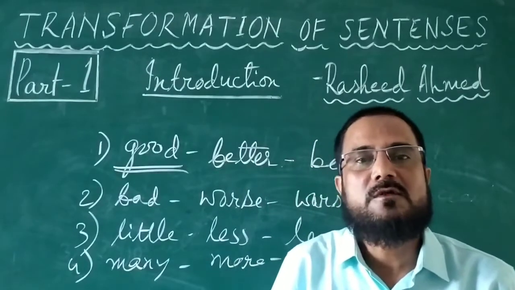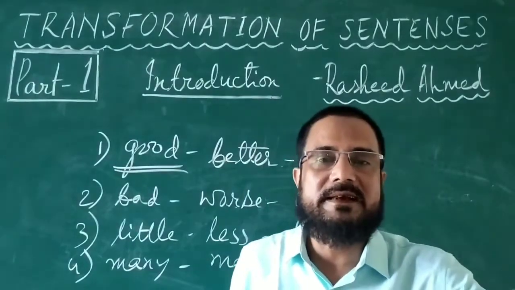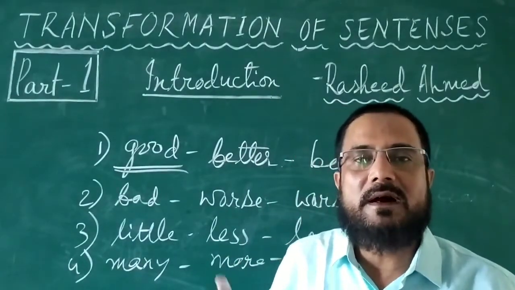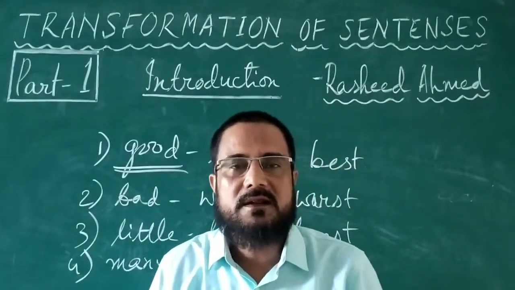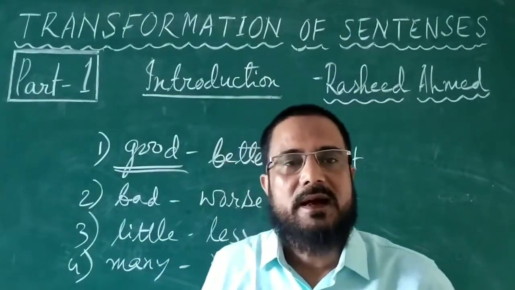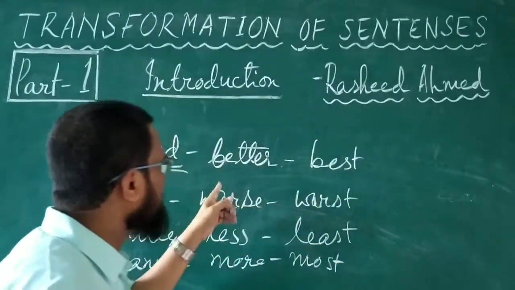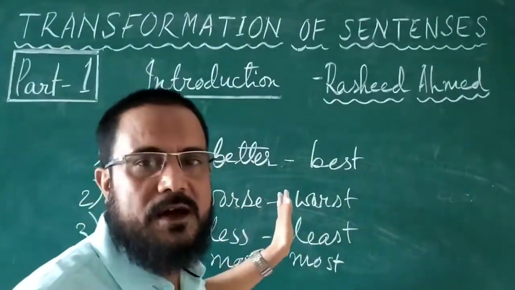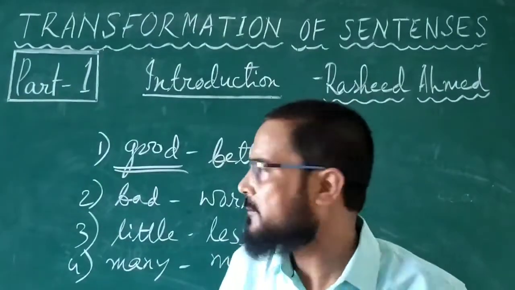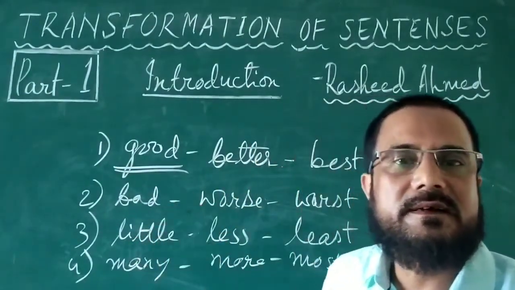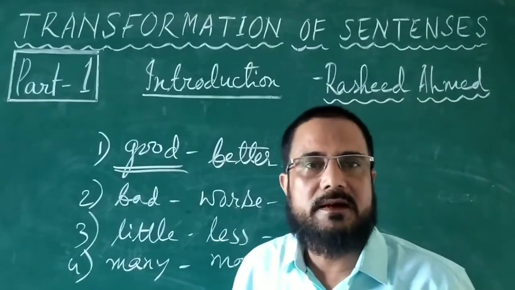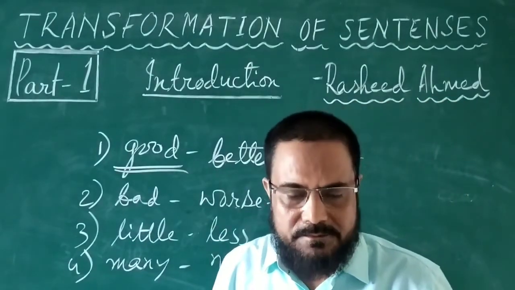In some cases, we double the consonant before adding est. For the words having more than one syllable, we use more and most before the word. The word remains the same. And the third way is a different way. Completely different words come. That is your third way of changing the adjective from one degree to another.